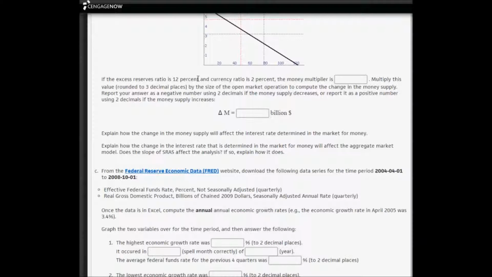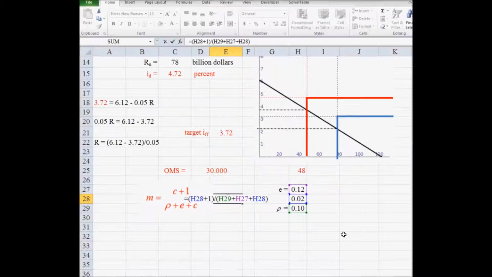If the excess reserves ratio is 12% and currency ratio is 2%, with the reserve requirement ratio at 10%, the money multiplier is what? The money multiplier is the currency drain, or currency ratio, H28, plus 1, divided by the reserve requirement ratio, which is in cell H29, and can be denoted rho or RRR, plus the excess reserves ratio, which is in cell H27, plus the currency drain, which is in cell H28.